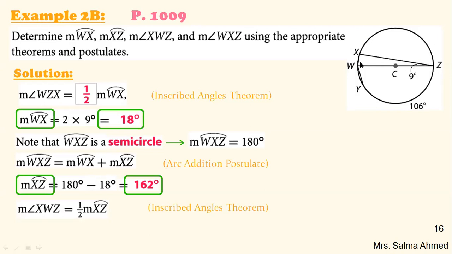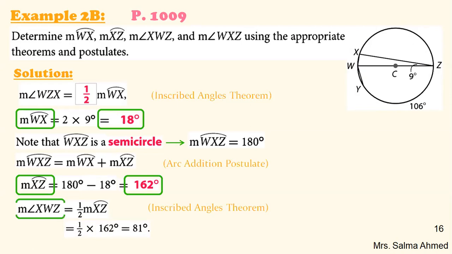So what's the relation between the inscribed angle and the arc? The inscribed angle is half the arc in front of it. So we can substitute half times 162, as we took it from the previous step, it gives me 81. So the measure of angle XWZ, this angle, is 81.